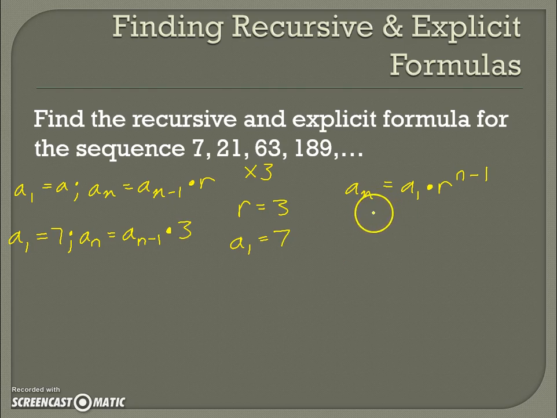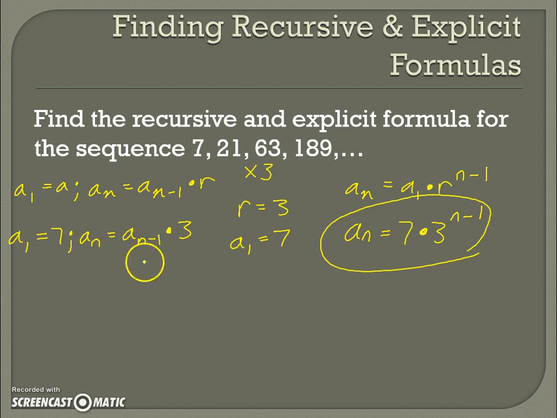On the explicit formula, I'm going to have a of n equals my first term, which is 7, times my common ratio, which is 3, to the n minus 1. So here is my explicit formula, and here is my recursive formula. It's just a matter of substituting into these two formulas. So that shouldn't be too bad for you.